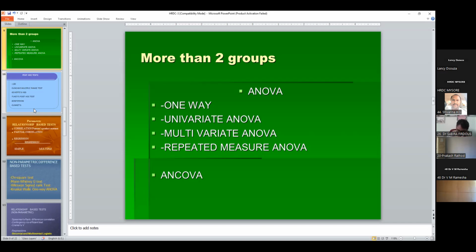Then comes univariate ANOVA. When we talk about univariate ANOVA, please understand that you have a single dependent variable, but one or more independent variables. As I said, initially in one-way ANOVA we had 3 regions: urban, rural, and semi-urban. The second independent variable could be gender.